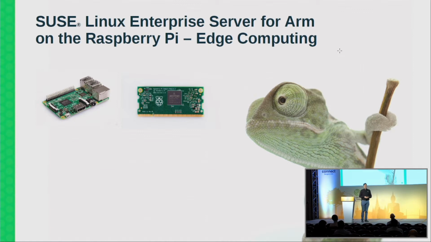And the idea is that if the software is developed for SUSE Linux Enterprise Server for ARM on a Raspberry Pi, you can deploy the same software also on the full range of higher-end systems as well.